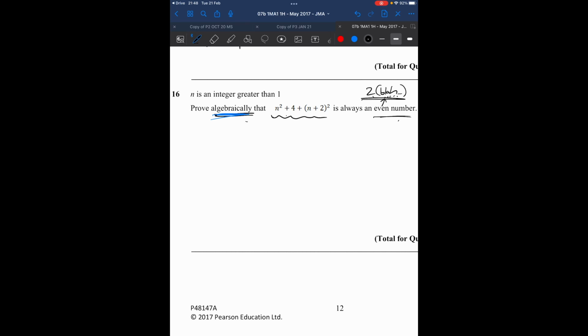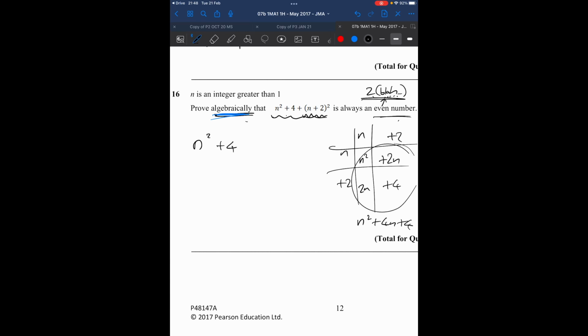Okay. How about this, n plus 2 squared? I can see that that might cause some issues. So n plus 2, n plus 2. Let's quickly work that out. Okay. So n squared plus 4n plus 4. So what's going to happen is I'm going to get n squared plus 4 plus n squared plus 4n plus 4.